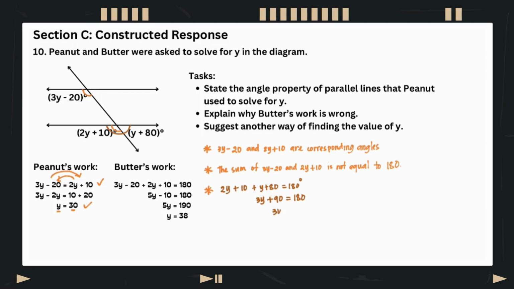So 3y is equal to 180 minus 90, that gives us 3y is equal to 90. Solve for y by dividing both sides by 3. y is equal to 30. And here we go, here's another way of finding the value of y.